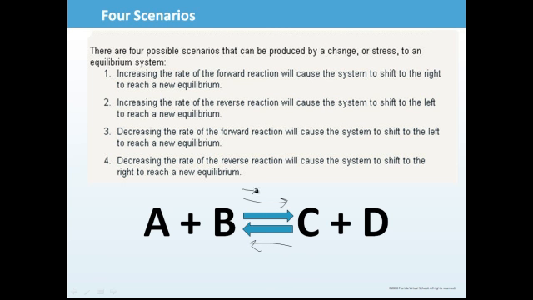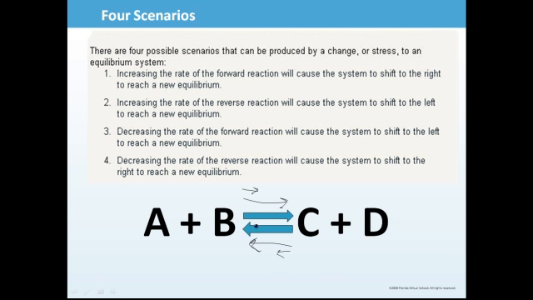So a small forward arrow, if you will, results in a larger reverse arrow, if you want to think of it that way. And it's going to, again, compensate for that difference and shift the equilibrium to the left. So, of course, the opposite of that would be true. If we had a decrease in the reverse reaction, then it will shift it to the right.